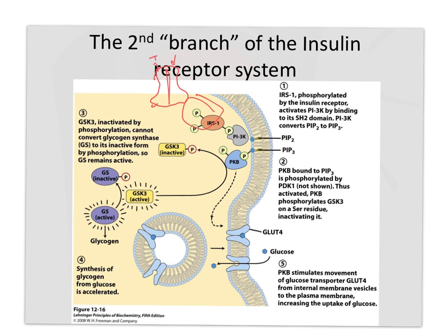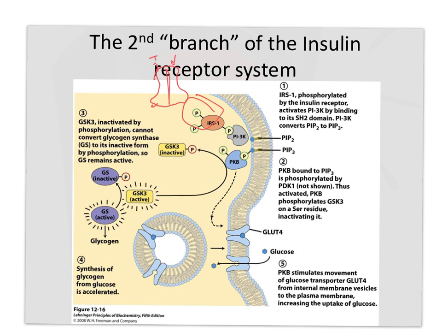IRS can go towards the MAP kinases, and IRS can go towards the PIP3 pathway. This one, in many ways, kind of reminds me of the G protein, but it's not a G protein.